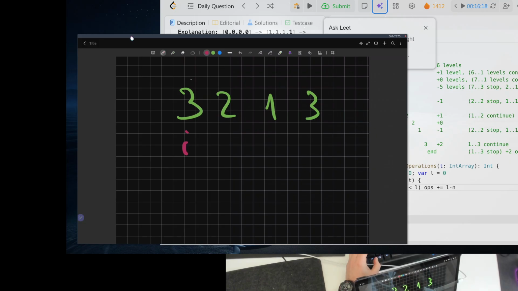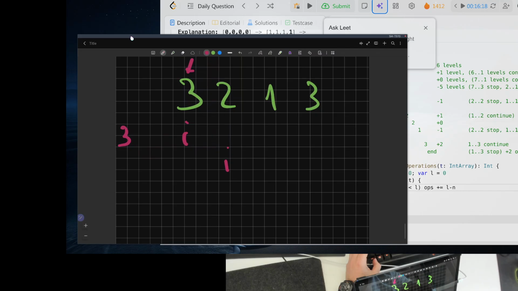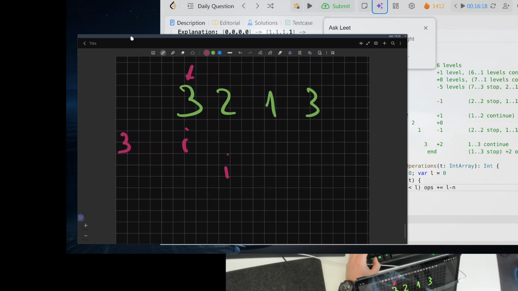Let's just remember this number 3. So we have 3. Move the pointer and look at the number. The number is 2. What do we know? We know the current number is 2 and the previously visited number is 3. So let's draw it, 2, and remember it. And what kind of knowledge can we derive from these two memory points?